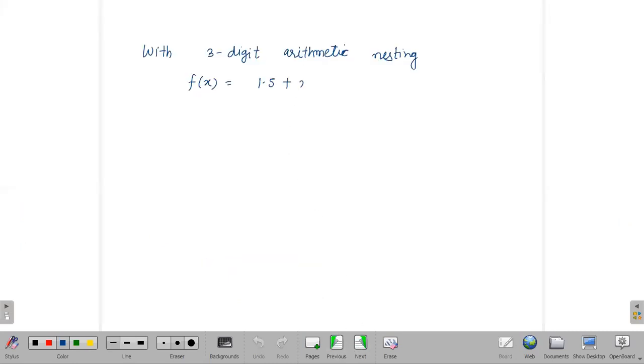So x common, it will be 3.2 minus 6.1x plus x square. I'm trying to reduce the powers of x here, plus x into 3.2 plus x into minus 6.1 plus x.